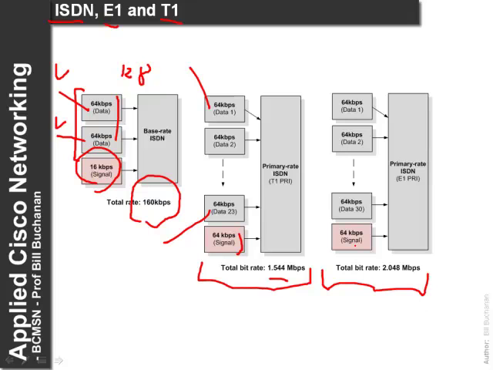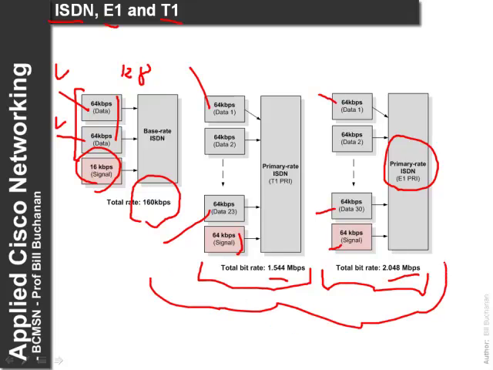European type systems are typically built around an E1 PRI, primary rate ISDN, which takes 30 of these streams, adds on a 64 kilobits per second stream to give us 2.048 megabits per second. This is the existing way that many telephone networks transmit their voice signals. These are then multiplexed up until we get extremely high rates.